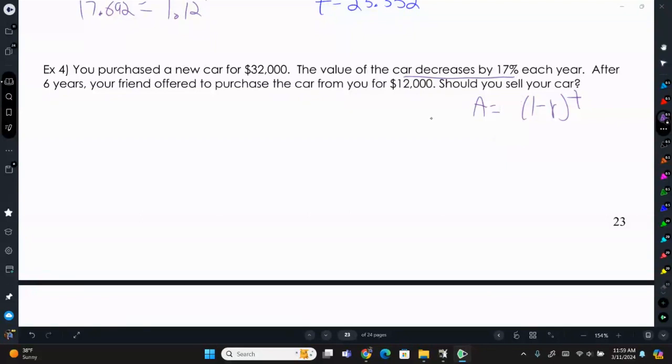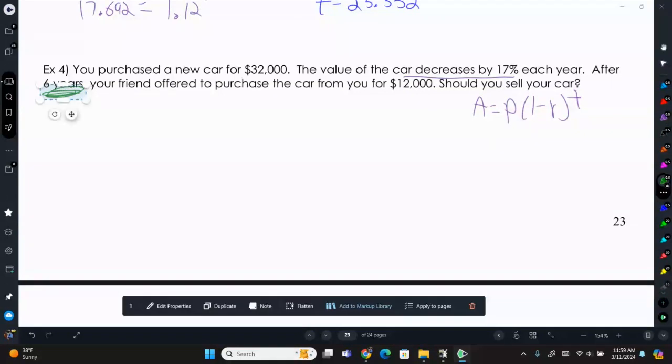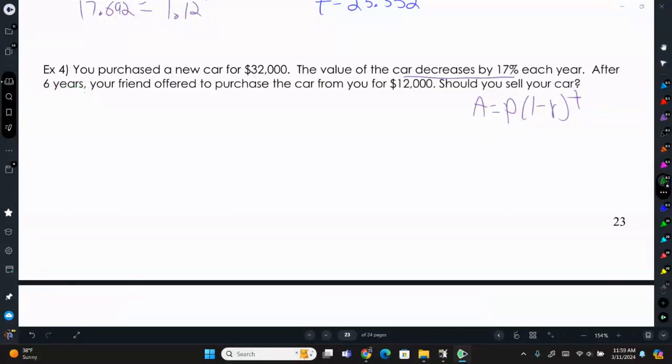Now, you might notice in this problem, we're given t, 6 years. But what we need to figure out is how much will the car be worth in 6 years, and see if it's worth it to sell it for $12,000 at that point.